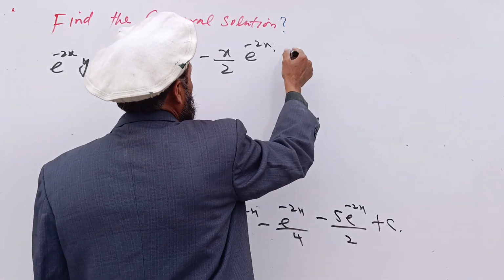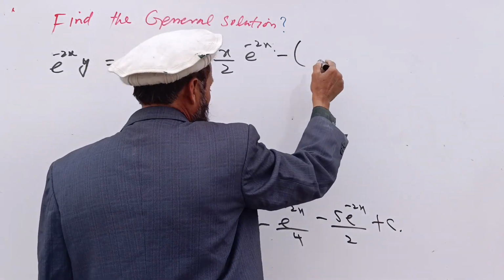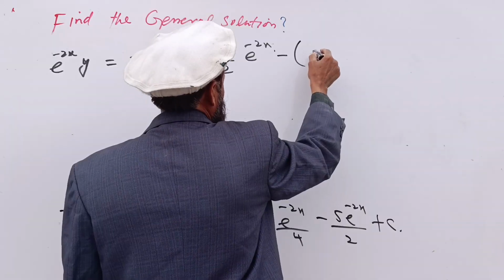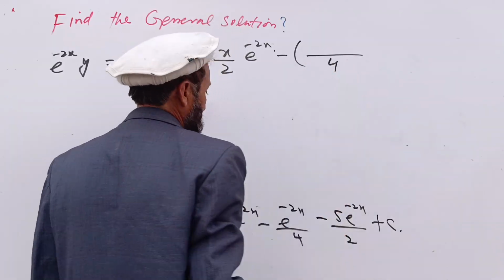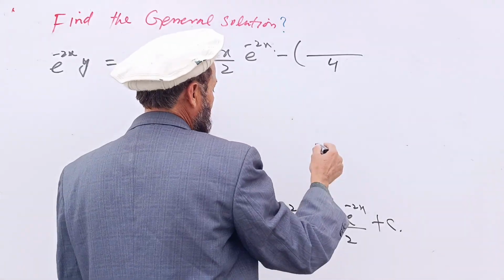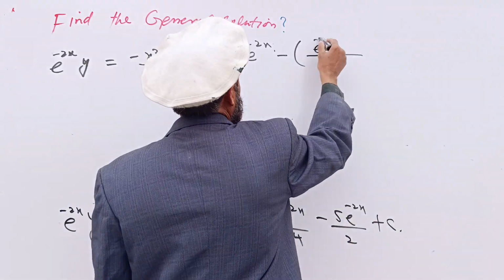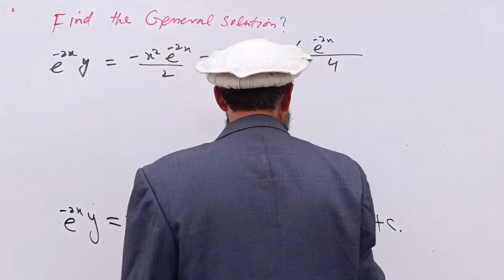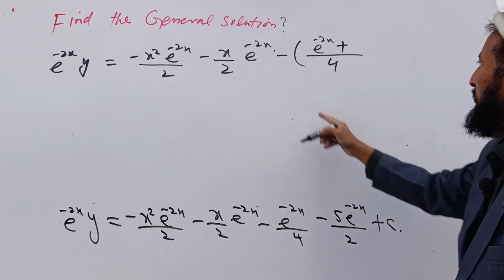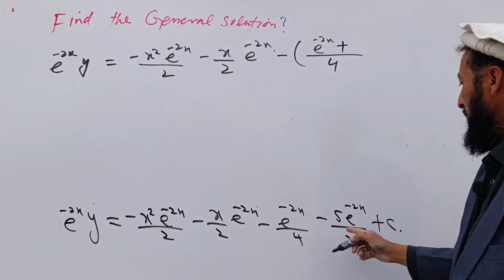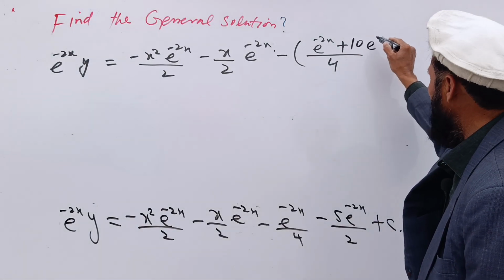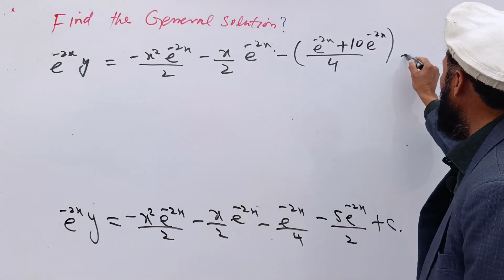Minus is taken common, and e exponent of minus 2x with 4 is the LCM here, and this will be minus into plus because minus is taken common, and this will be 10 e exponent of minus 2x plus c.